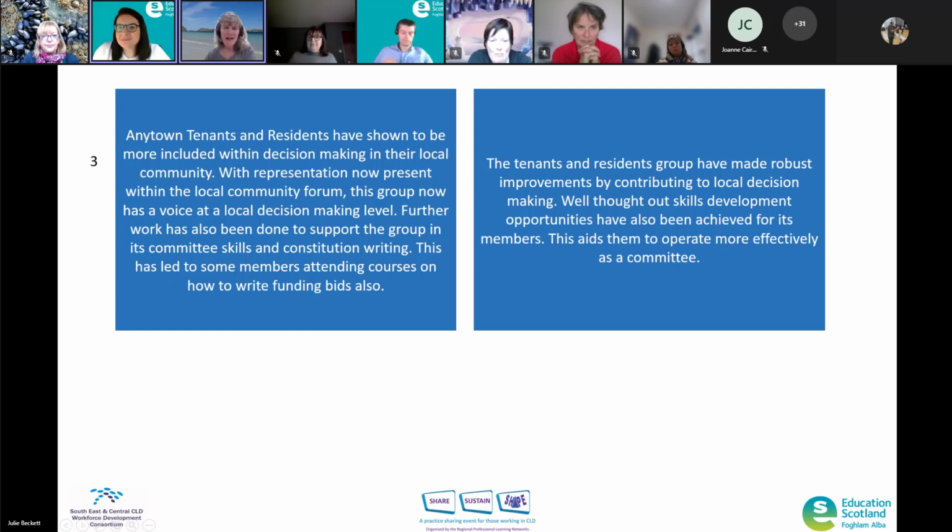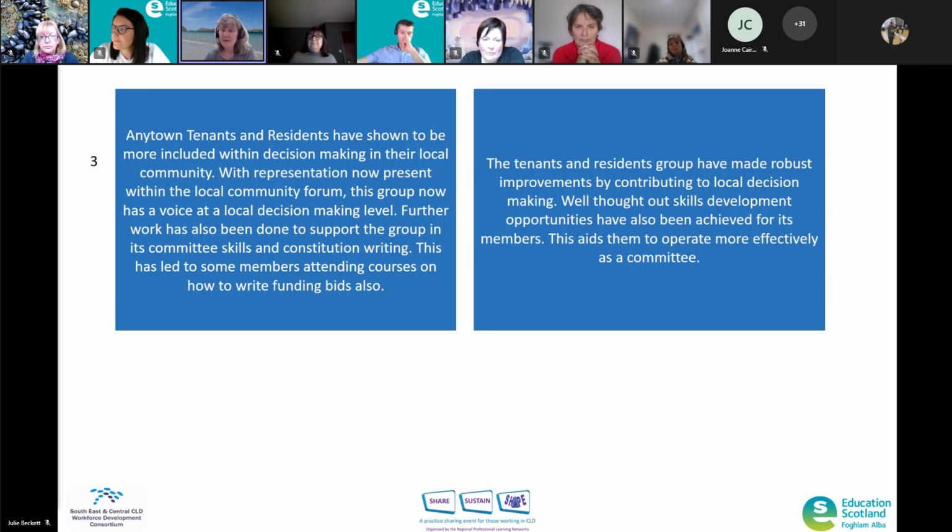So number 3, again, like some of you have already said, the colleagues here managed to reduce this in size and have used some very strong evaluative words. So the tenants and residents group have made robust improvements by contributing to local decision making.